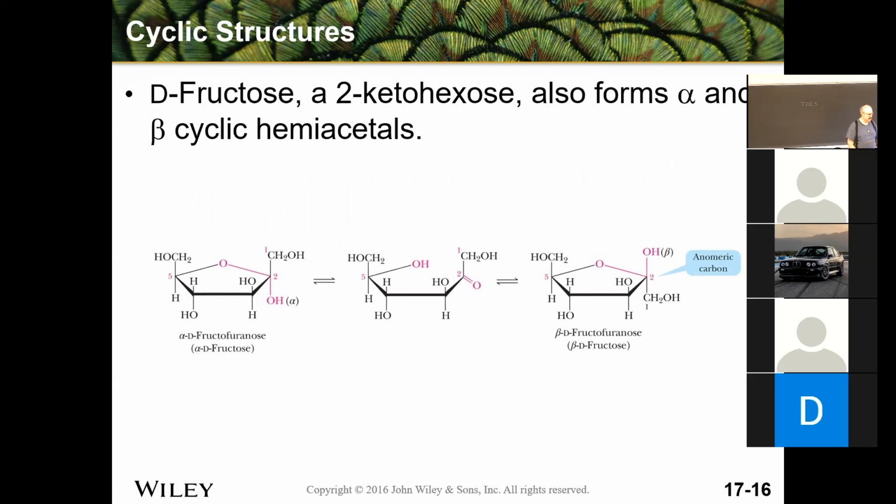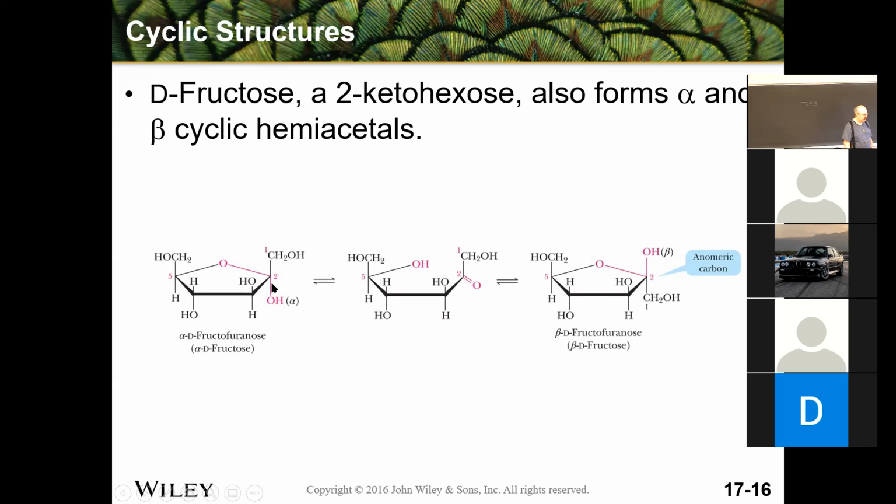Right, D-fructose, or 2-ketohexose, also forms alpha and beta cyclic hemiacetals. So this is fructose or fruit sugar. And the ring can close from 2 different directions. This is the alpha form, where OH is down. This is the beta form where the OH is up.